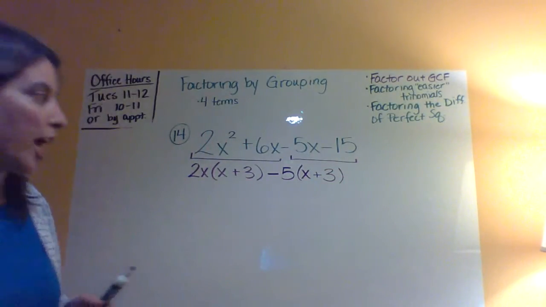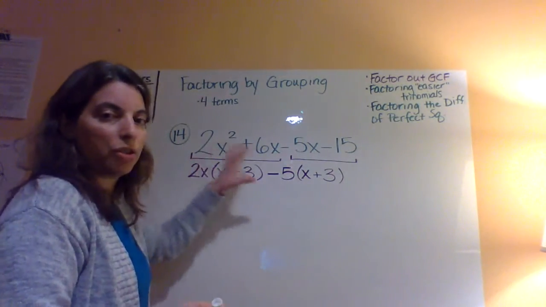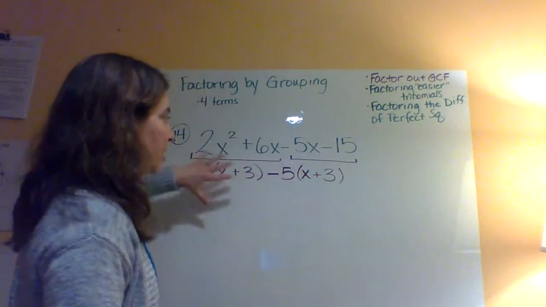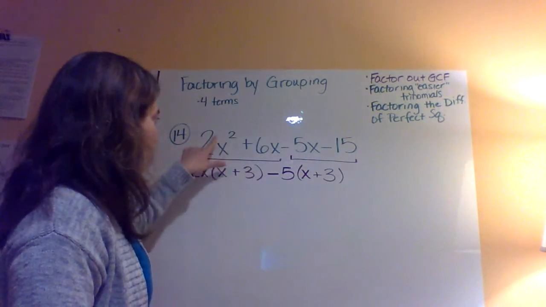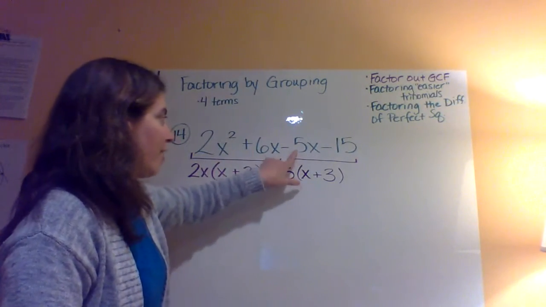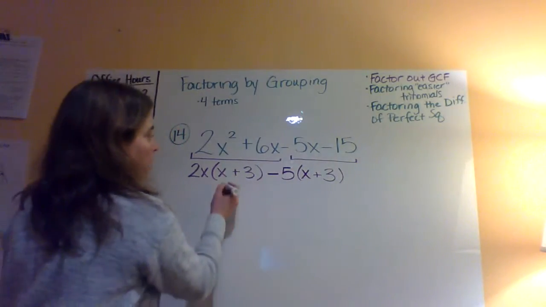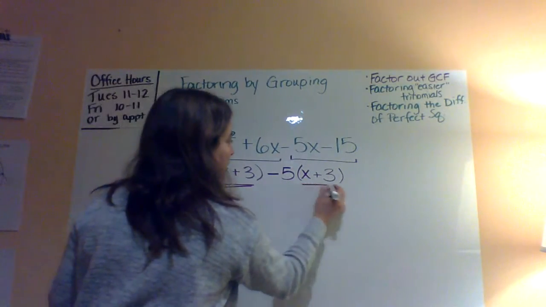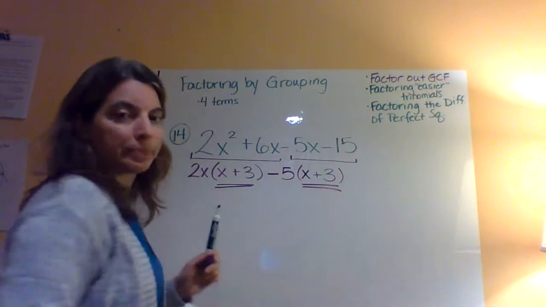I always suggest that at this point, even in your head, if you're not going to write it out, distribute back to make sure what you have here gives you what you had here. So 2x times x is 2x squared, 2x times 3 is 6x, negative 5x, negative 15. If you notice now, what I have in the parentheses is the same between this term and this term.